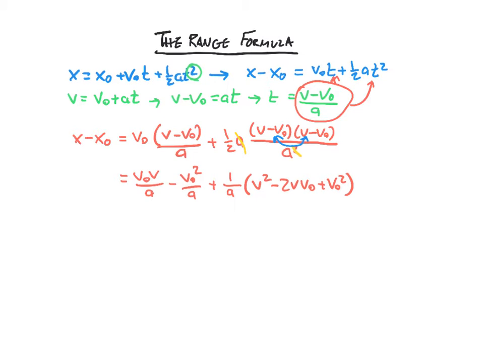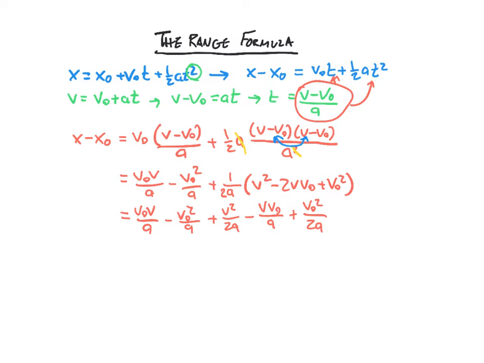Okay, now we can start combining things. We forgot the factor of 2 here, which is important. We'll write it out explicitly to show an extra step that maybe you won't do when you're doing this, but it'll make it a little more clear. So we have v squared over 2a, minus v v0 over a, because those 2's cancel each other out, plus v0 squared over 2a.